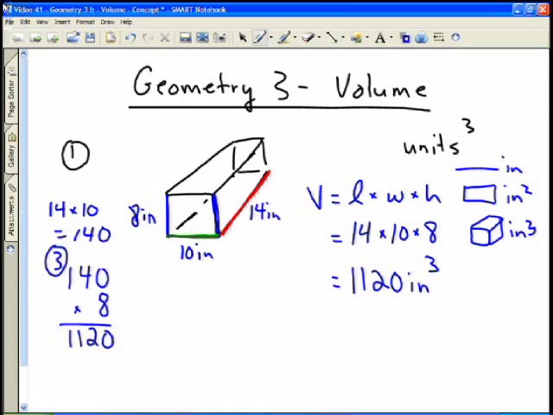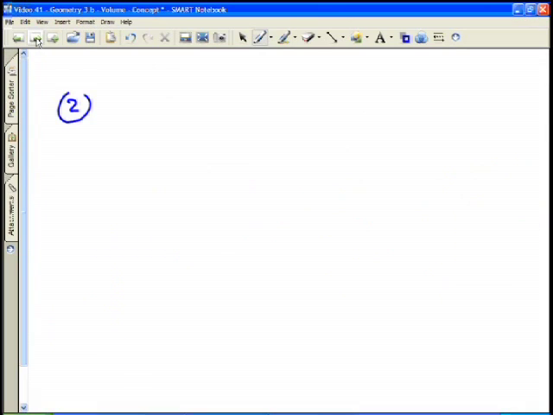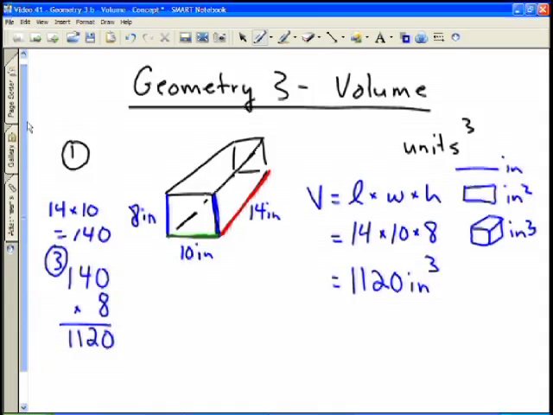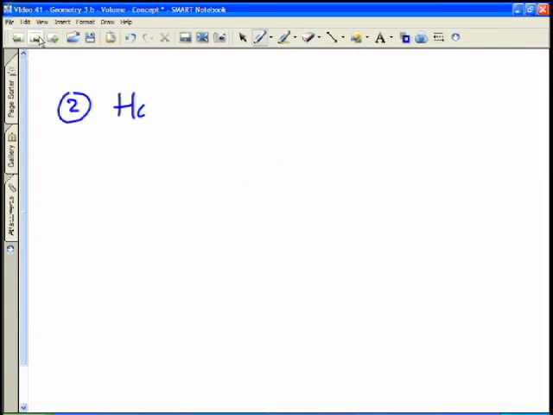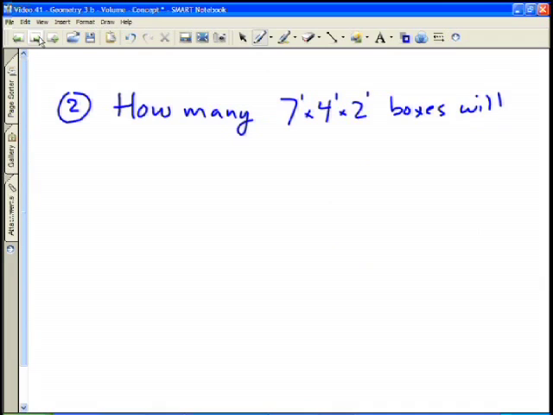Now let's take a look at another problem and say I now have that box, and let's refresh our memory on what that volume was, 1120 inches cubed. So how many 7 inch by 4 inch by 2 inch boxes will fit into the larger one?